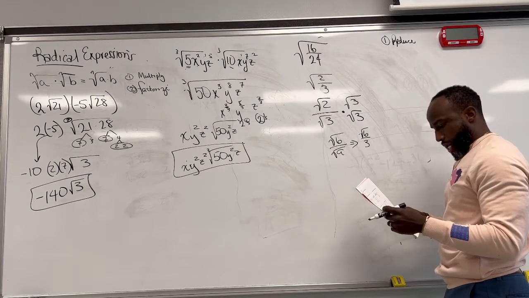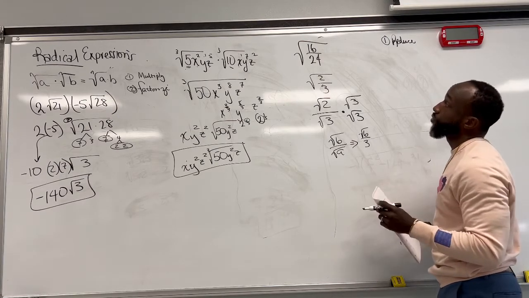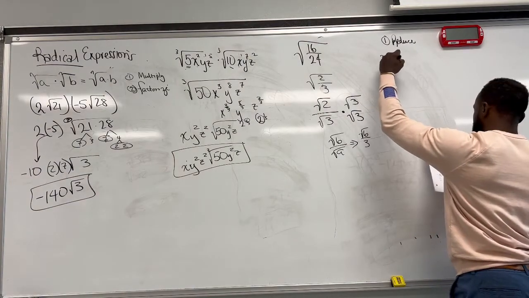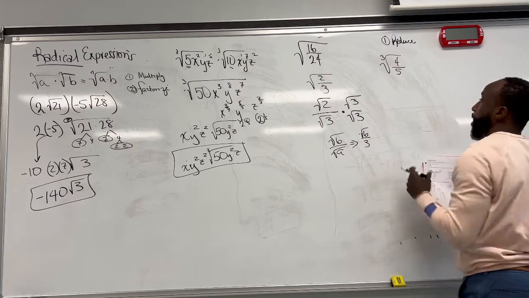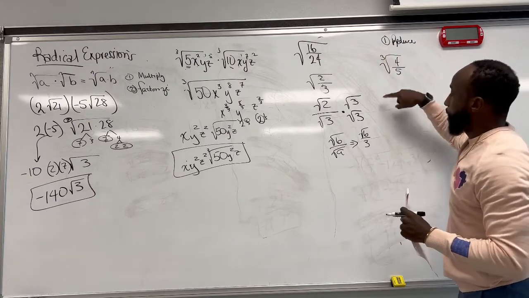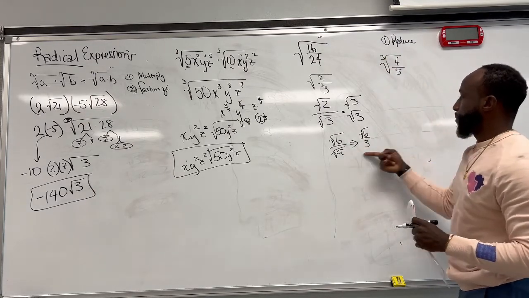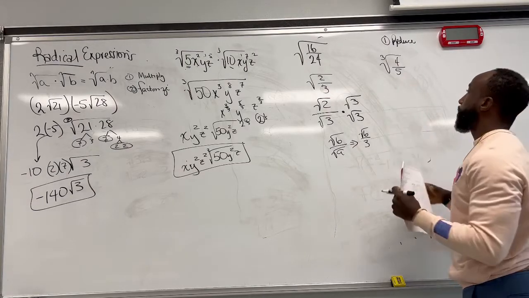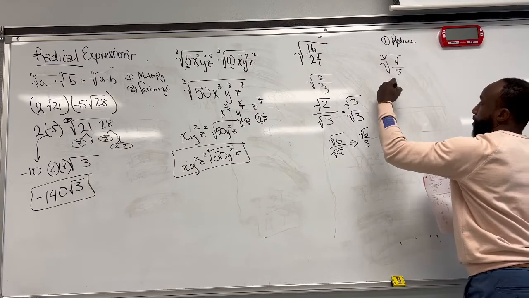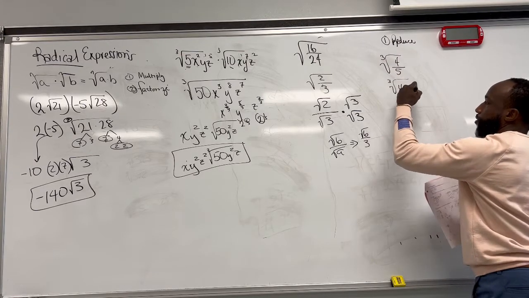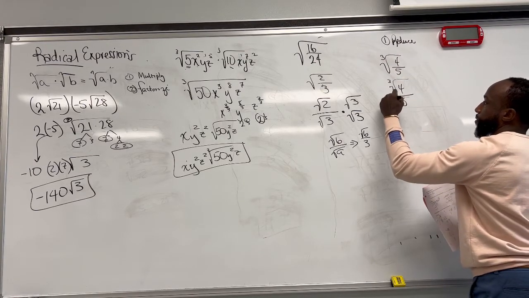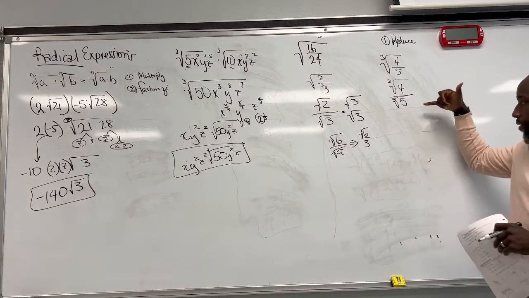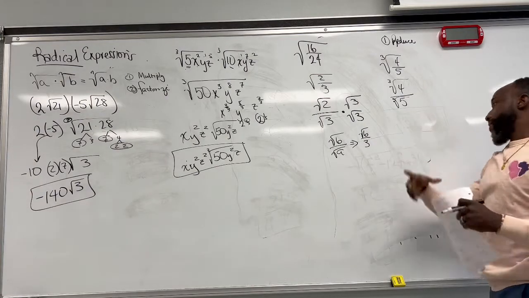Let's look at another example. Here, let's look at this one where we have a cube root. So now we've got the cube root of 4 over 5. With the cube root, remember, in order for these things to become a whole number, you have to have 3 of that. So if we rewrite it as a fraction, it'd be the cube root of 4 over the cube root of 5. To rationalize this one, we need 2 more 5s.